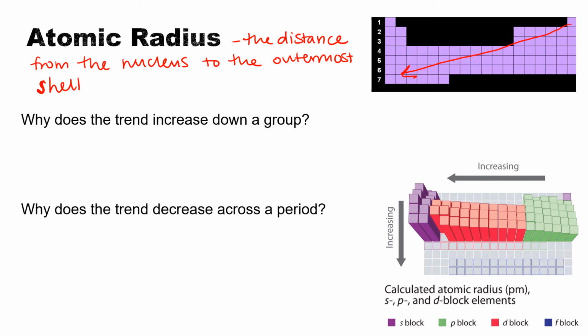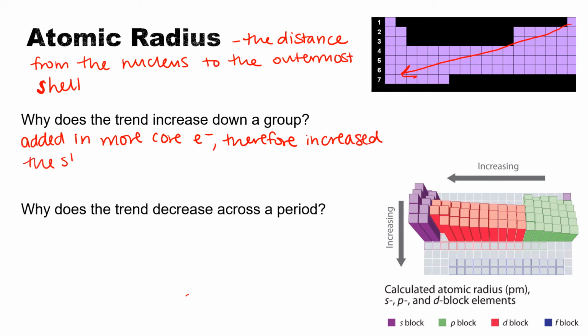So looking at the first question, why does the trend increase down a group? Well, it's increasing down a group because we've added in more core electrons, and therefore we've increased the shielding that we talked about on the last slide.